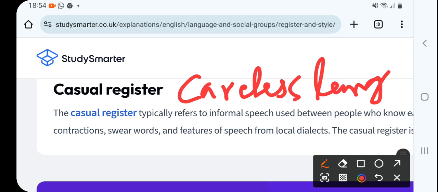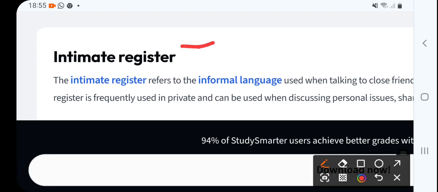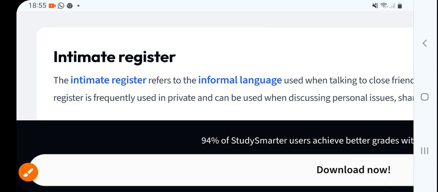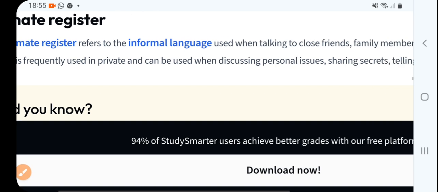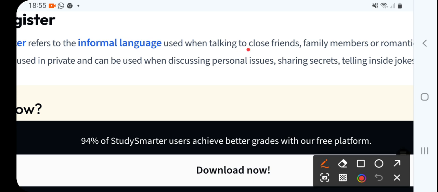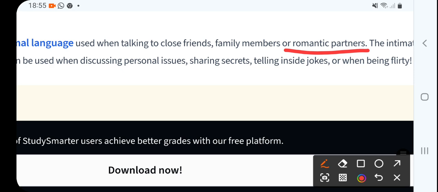But in this case, intimate register is about intimacy, when you show your intimacy. Intimacy refers to informal language used when talking to close friends, family members, or romantic partners. So that's the intimacy.